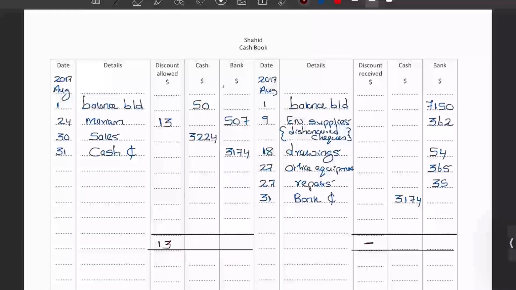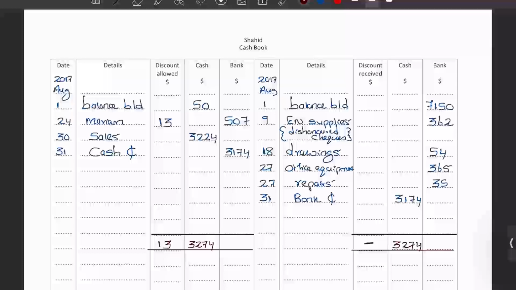For cash, how much is the total on the debit side? You need to add these two. 50 plus 3224 is equal to 3274. You can enter 3274 on both sides.